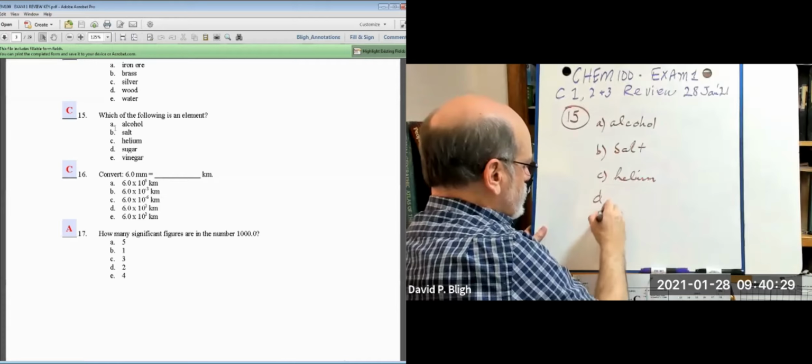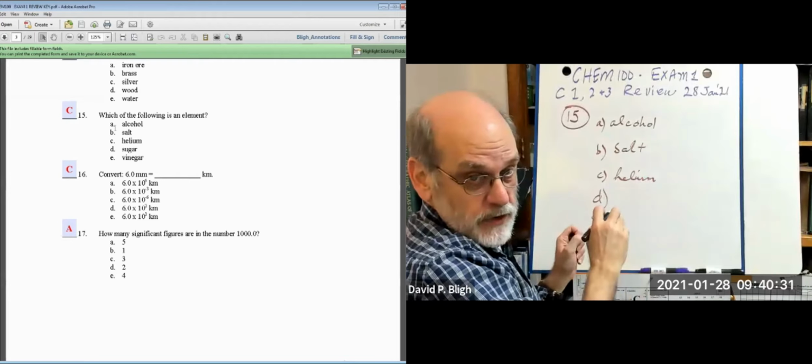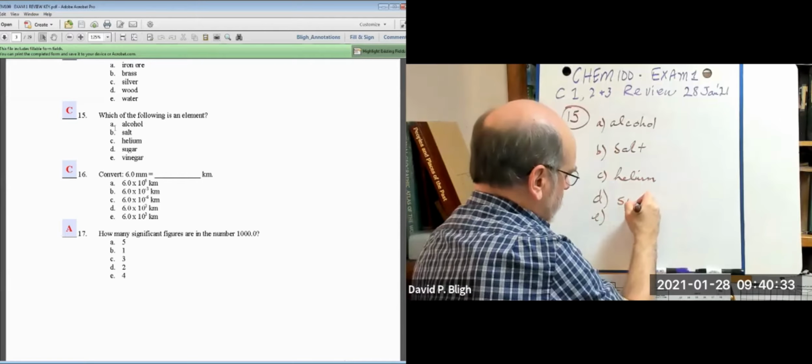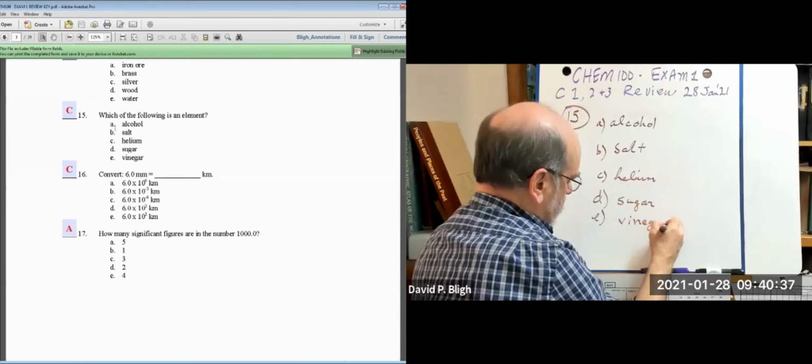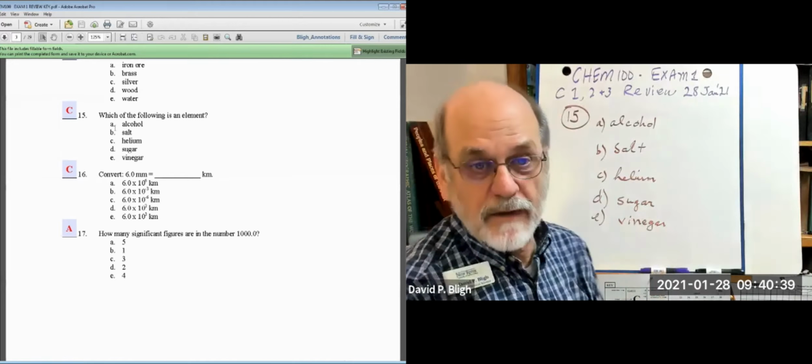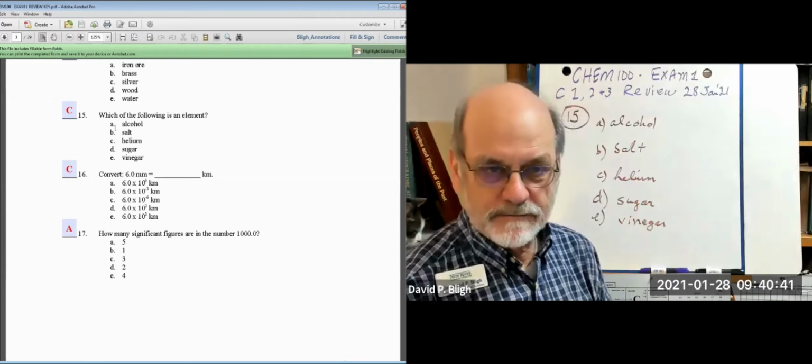And let's see, there are 2 more, aren't there? Sugar and vinegar. Okay, which of the following is an element?